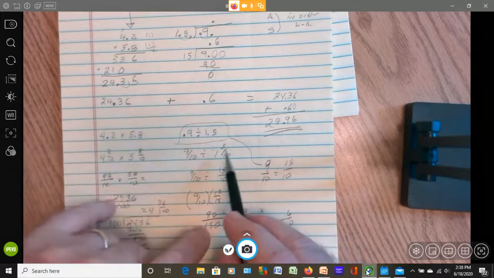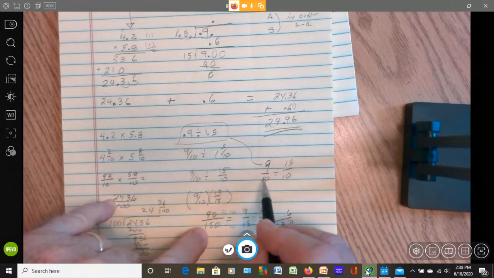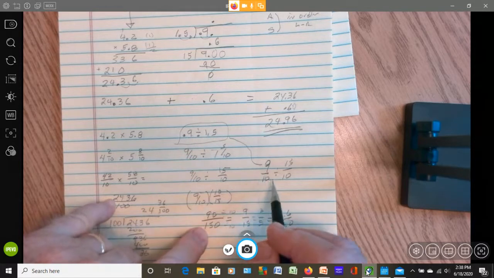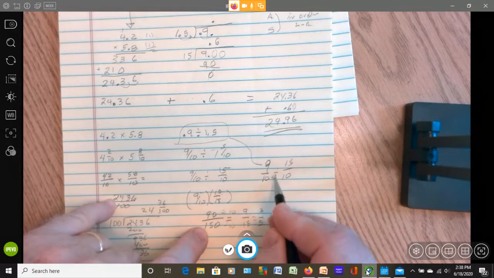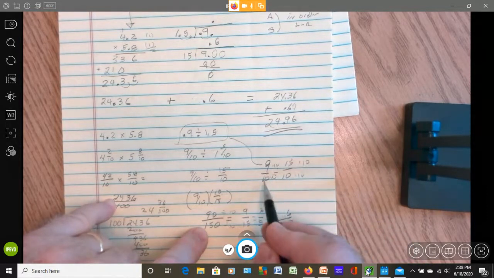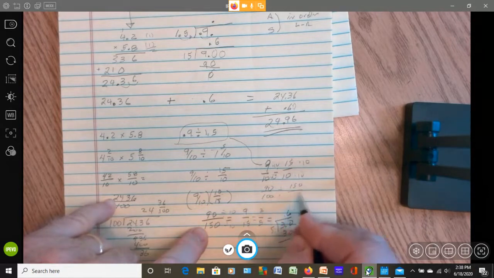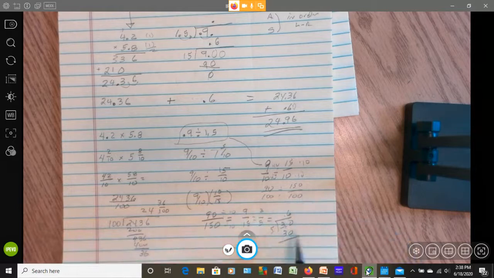I moved this one place to the right and that one place to the right. You can view that as nothing more than multiplying through by 10. Multiply this fraction's numerator and denominator by 10, and this fraction's numerator and denominator by 10. And you're going to get 90 over 100 divided by 150 over 100. And then you can do your same keep, change, flip thing.